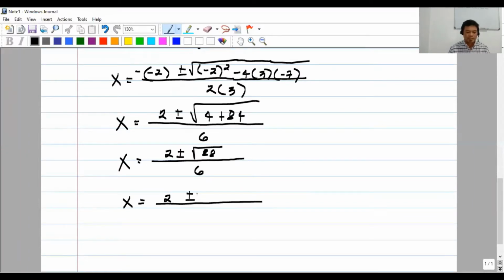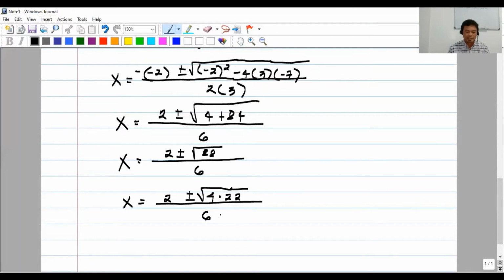So x is equal to 2 plus minus the square root of 88. What are the factors of 88 in which one of the factors is a perfect square, since 88 is not a perfect square? We have 4 and 22, correct. If we multiply these two factors, the product is 88.